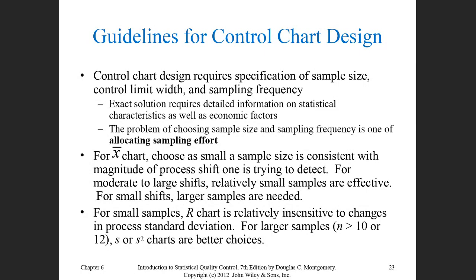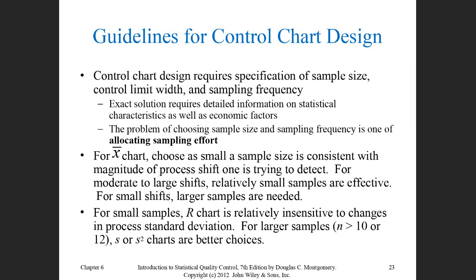So the difference between X bar R and X bar S is the sample size. When we have a problem that needs us to use a control chart, first we have to identify whether the data is variable or attribute.